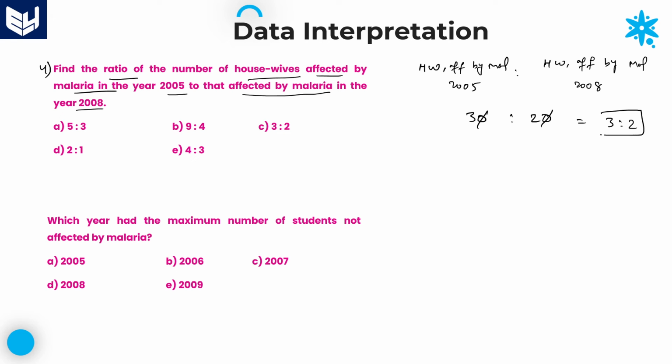That is the required ratio between the number of housewives who are affected by malaria in 2005 and 2008. 3:2. Among the options, option C is the right answer for this question. Option C.